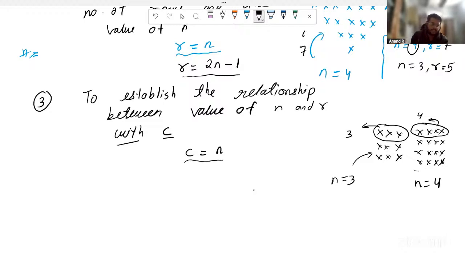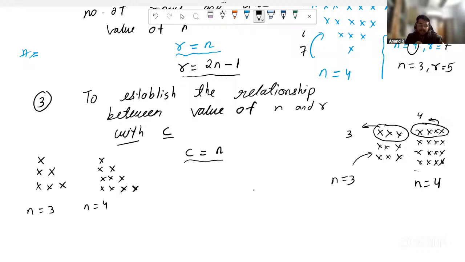Now, let's say if I give you something of this sort. If n is equal to 3, and if n is equal to 4, you have to print something of this sort. Can you help me? What is the relationship now?